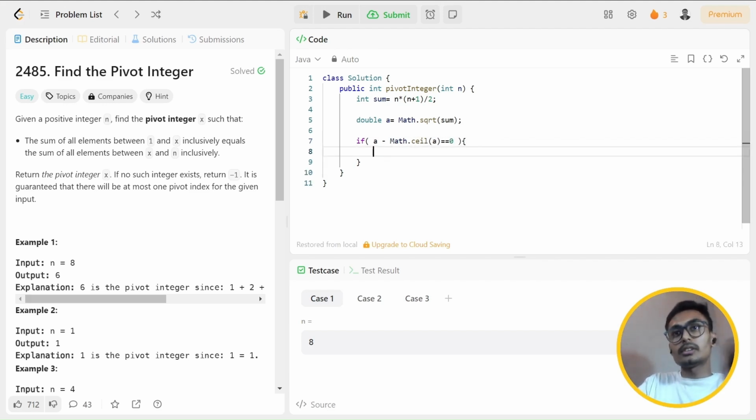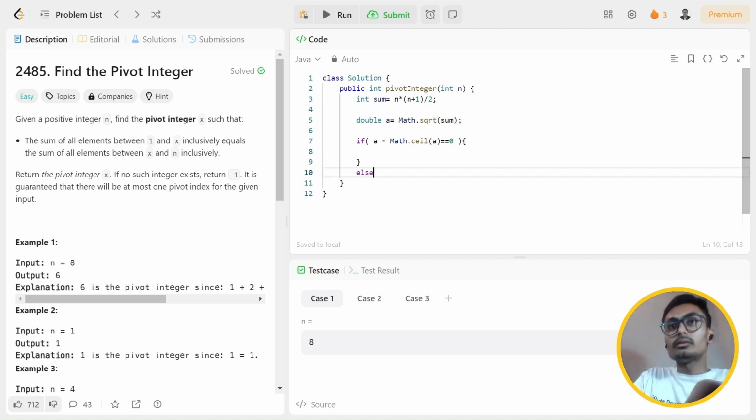Because let's say A is fractional, like 7.2. Then 7.2 minus Math.ceil of A, which means 7, gives 0.2, which is not equal to 0. That means it is fractional. If the condition is satisfied, it is an integer value, and then we do this. Otherwise, we simply return -1.